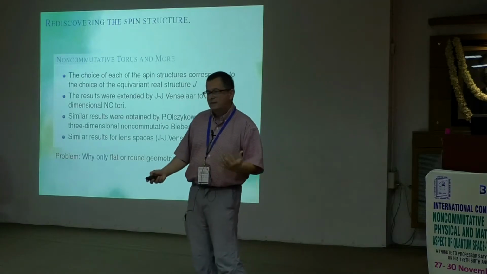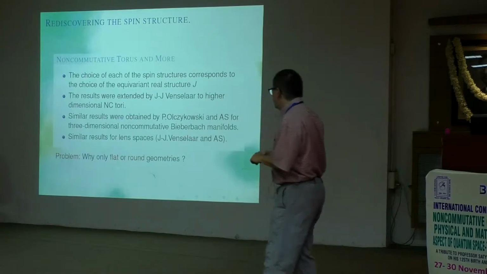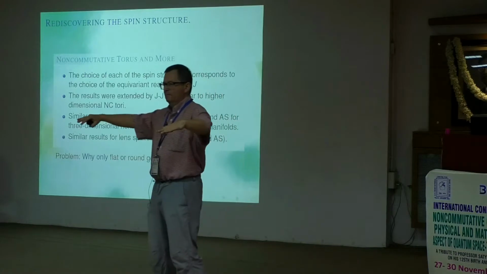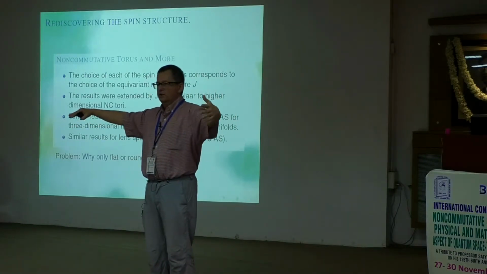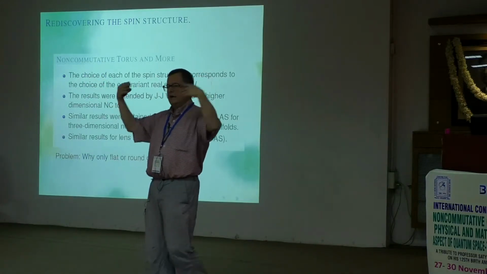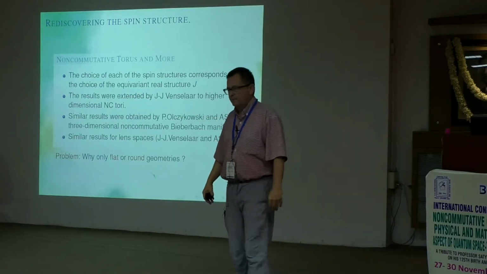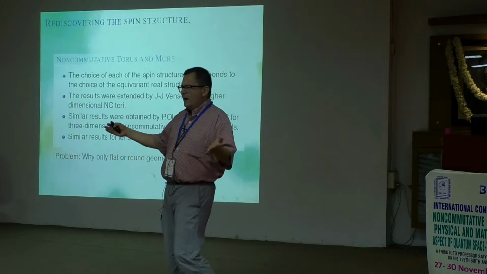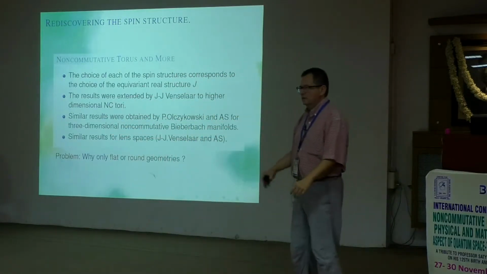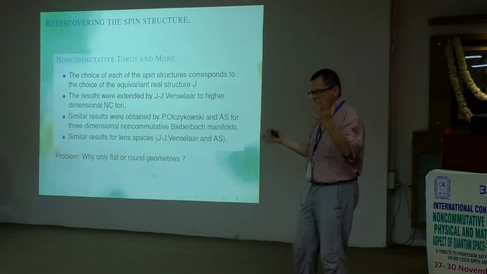But if you look at these examples, there's something strange. They are either flat, so something like tori, noncommutative tori with the equivariant Dirac operators, everything equivariant. So the action of U1 cross U1 is a genuine symmetry of everything. Same for the Moyal plane, where you have something like a version of translations. They're flat.